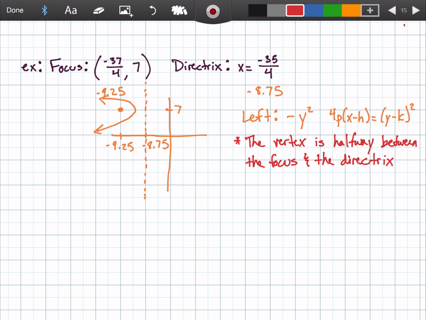So that means my vertex has got to be there. Can you tell me what that vertex coordinate is going to be? Well, halfway between negative 9.25 and negative 8.75 turns out is negative 8. And by that, I definitely meant negative 9.